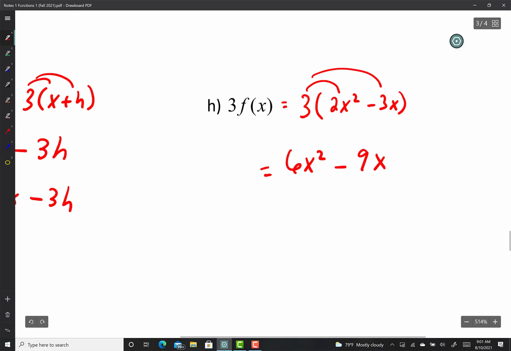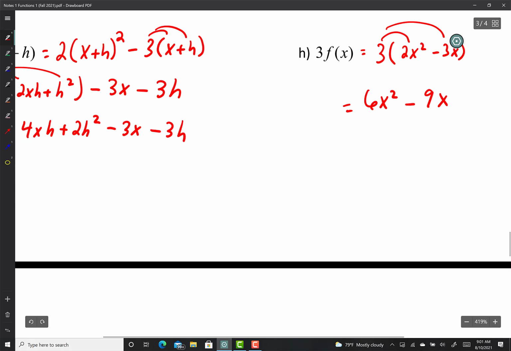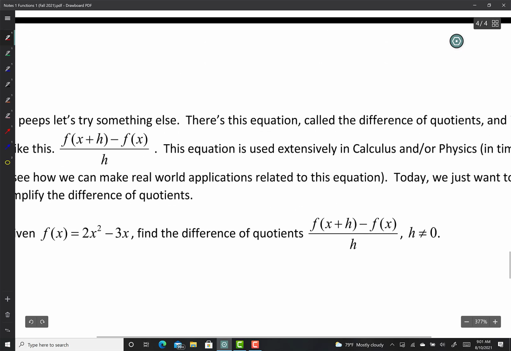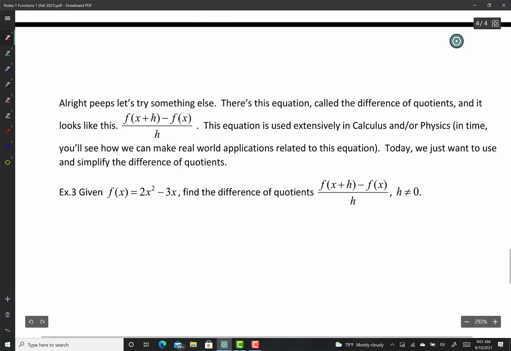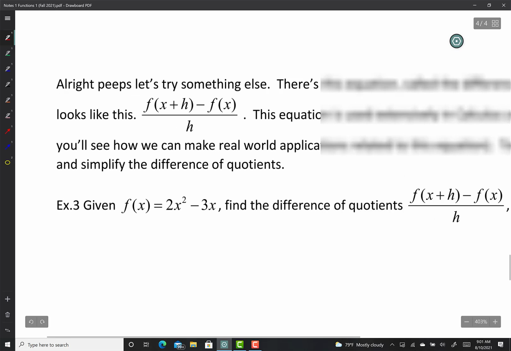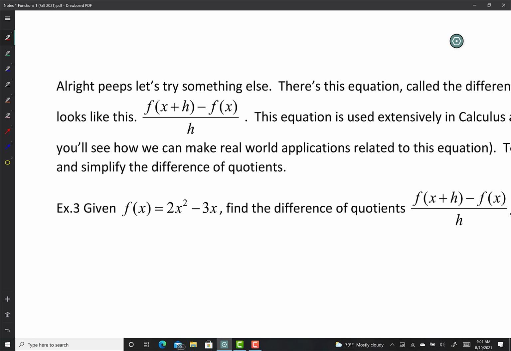All right. So here we go. Let's see if your algebra is what we really need. Now, it's very easy to become a robot, guys. This is called the difference of quotients. You've seen it before. Where have you seen it before? What does it look like to you? You've seen it before, guys.